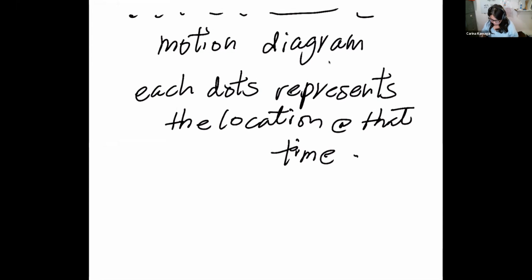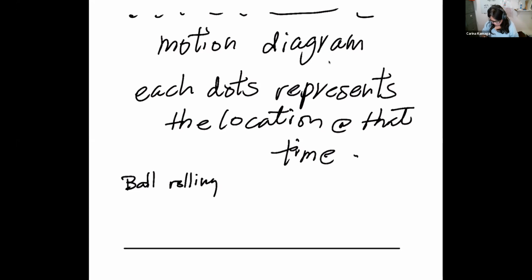Imagine an object, for example a ball rolling on a horizontal surface. What kind of motion is that? It's constant motion.